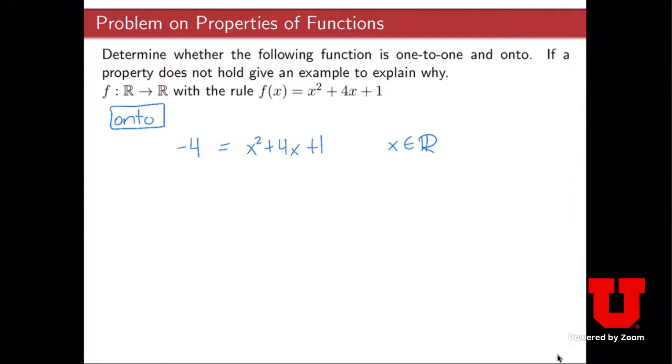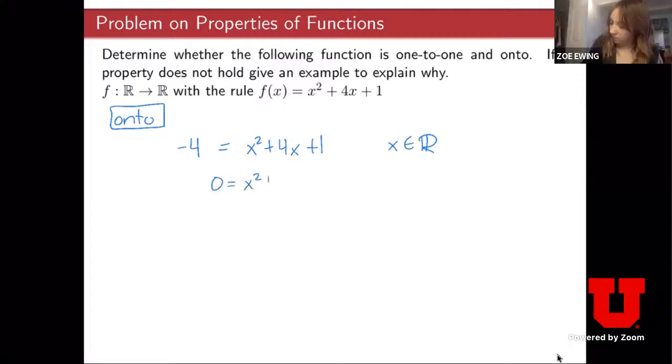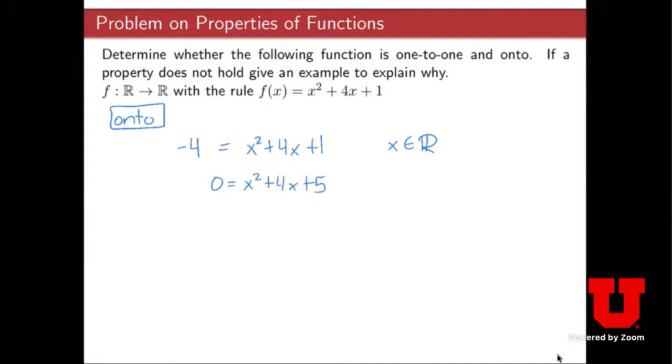So we have x squared plus 4x plus 5 equal to 0. Okay. And then we have x squared plus 2 times 2x plus 4 plus 1. So it's always greater than 1, not going to be equal to 0.